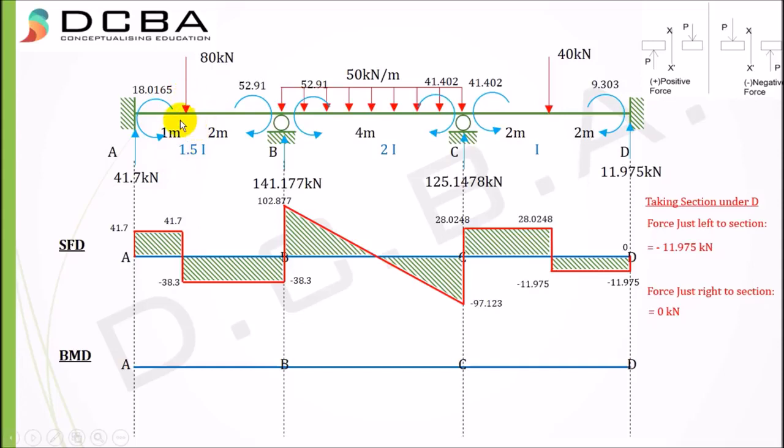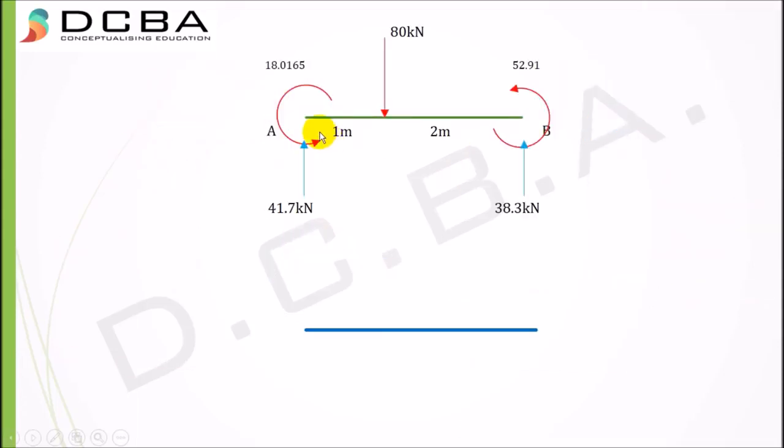Before that, I'd like to explain one thing. Consider this segment AB, and here I've shown two moments. One is going anti-clockwise and the other one is also going anti-clockwise, but on the other end of the beam. This has a magnitude of 18.0165 and this has a magnitude of 52.91. Because of the rotation of this moment, this end goes downwards.